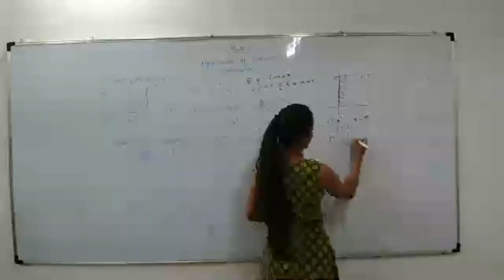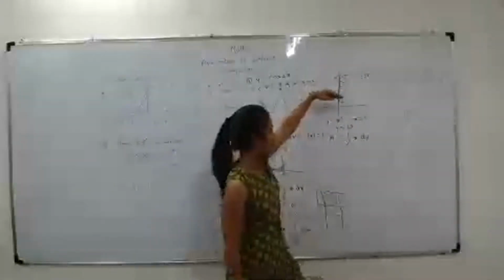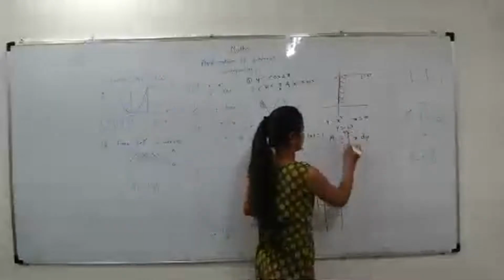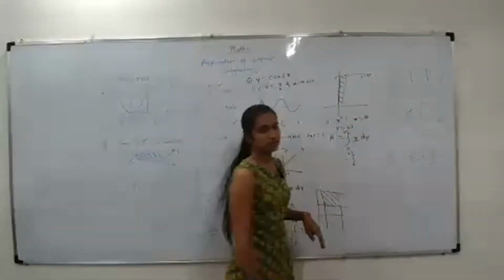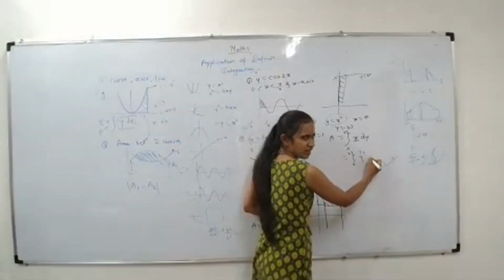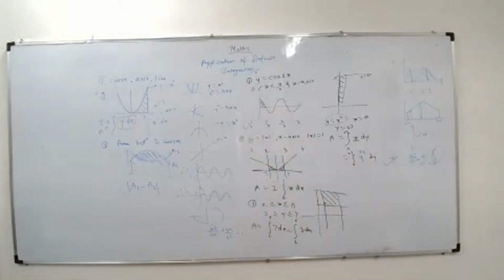Area is integration of x dy because value of y are changing here, right now? It is changed from 0 to 27. That is equal to 0 to 27. X will be equal to, if x cube is y, then x will be cube root of y, right? dy. Now take the integration and apply the limits.